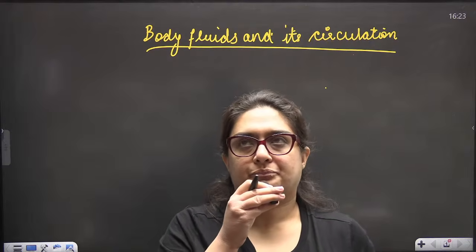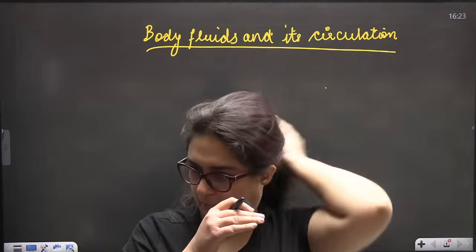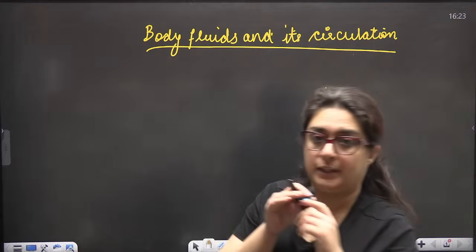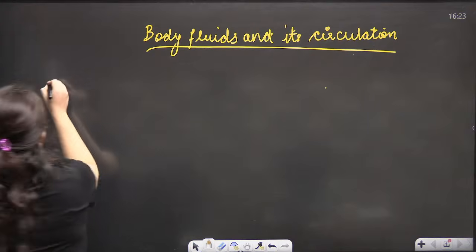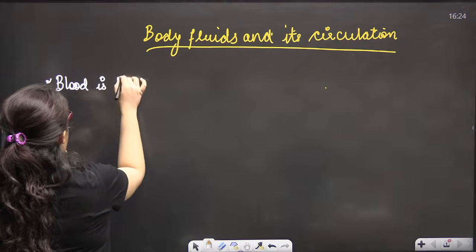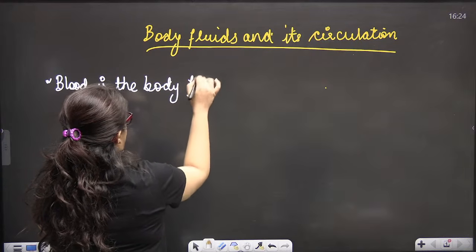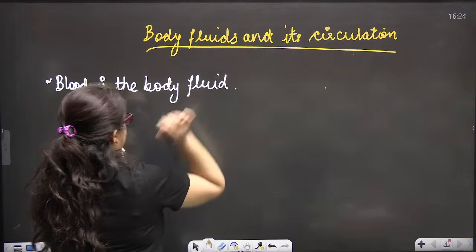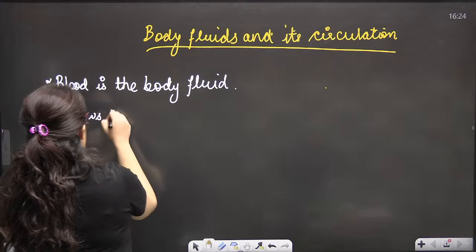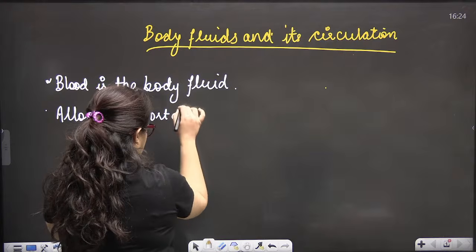So, this chapter deals with the circulation of blood and the things transported through the blood. Blood is the body fluid that allows transport.